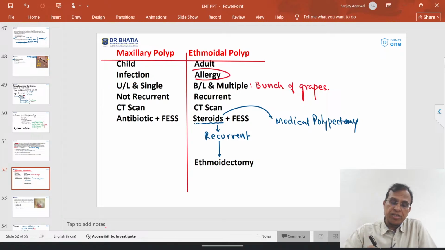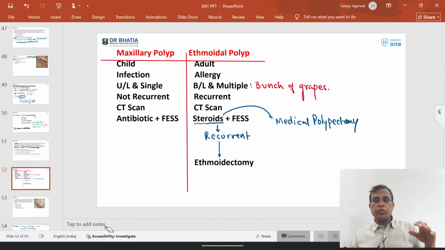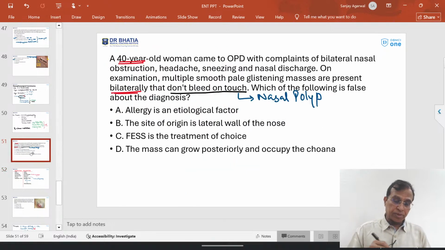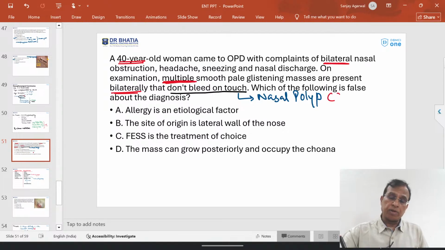Ethmoidal polyp is allergic in nature, जिसमें स्टीरॉयड देते हैं. Right. So how many points are telling you it is ethmoidal polyp? Age, bilateral and multiple. तीन बातें ये बता रहा है कि this is ethmoidal polyp.